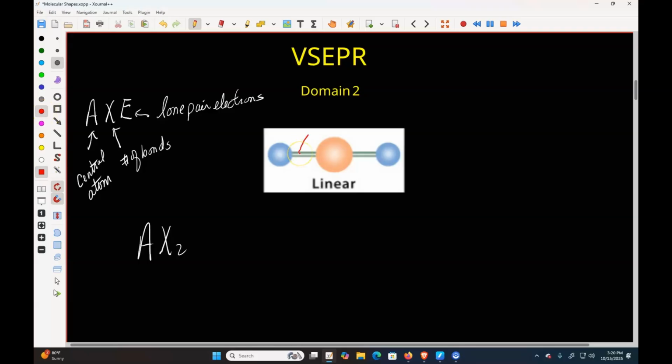This will give us a 180 degrees or a linear molecule whenever this occurs. Some examples of compounds like this will be such as BeCl2, carbon dioxide, etc.